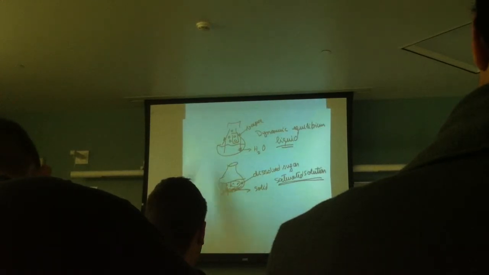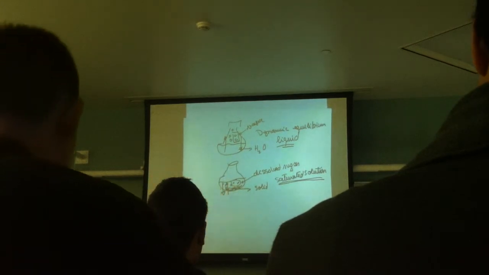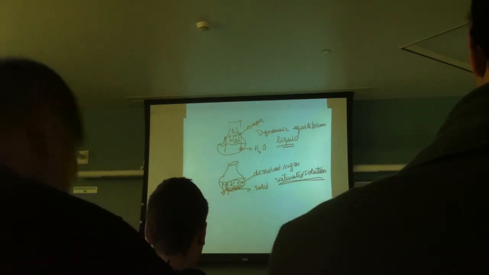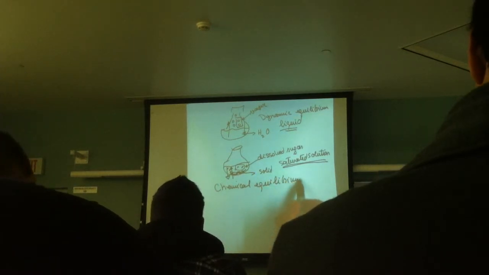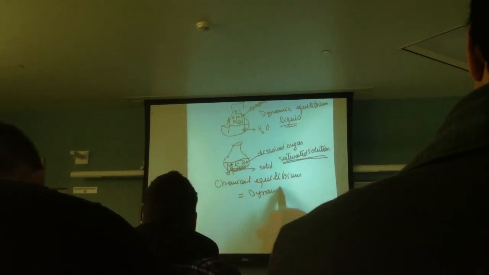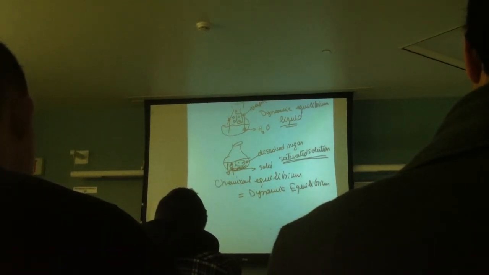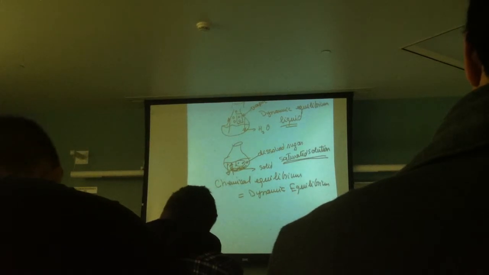We're not going to talk about liquids or solutions. We're going to talk about chemical reactions. We call that chemical equilibrium. And the chemical equilibrium that we're going to talk about is also dynamic equilibrium. Watch this.